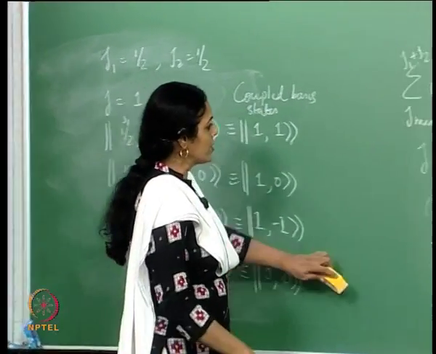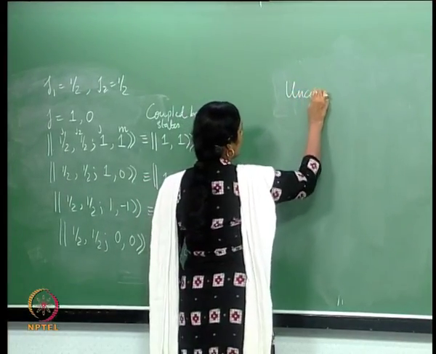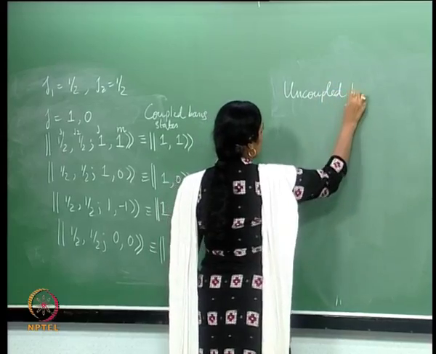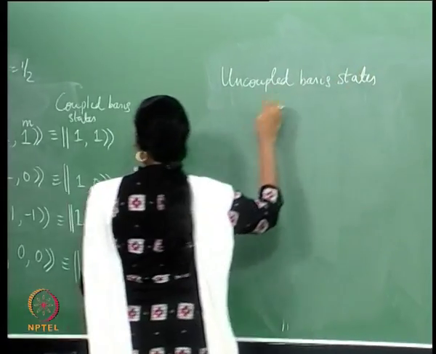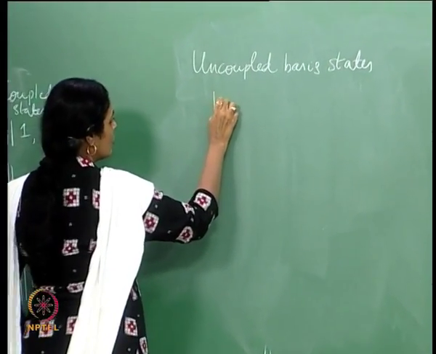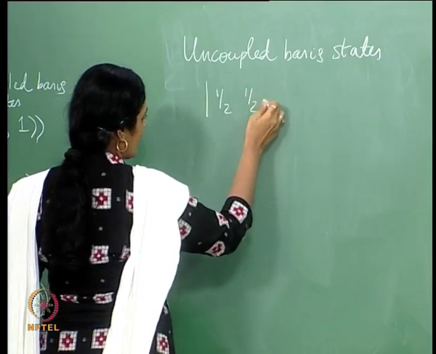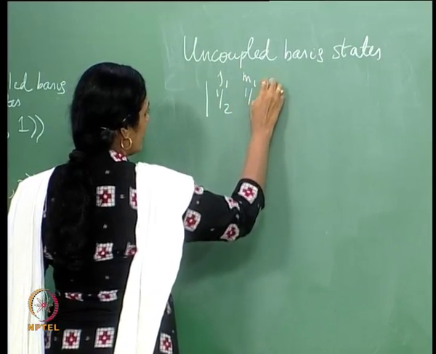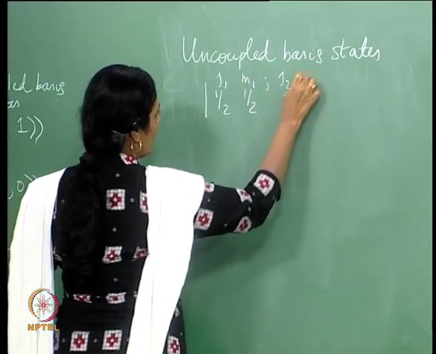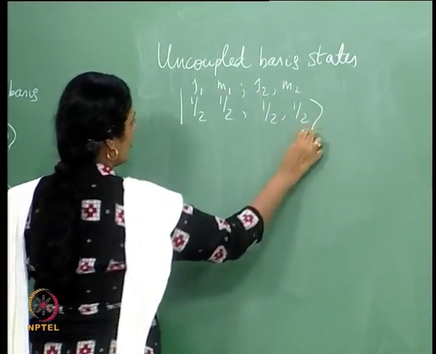For the uncoupled basis states in this problem, I have J1 is half, J2 is half, that is J1 M1, J2 M2. So, that is half half with half half.